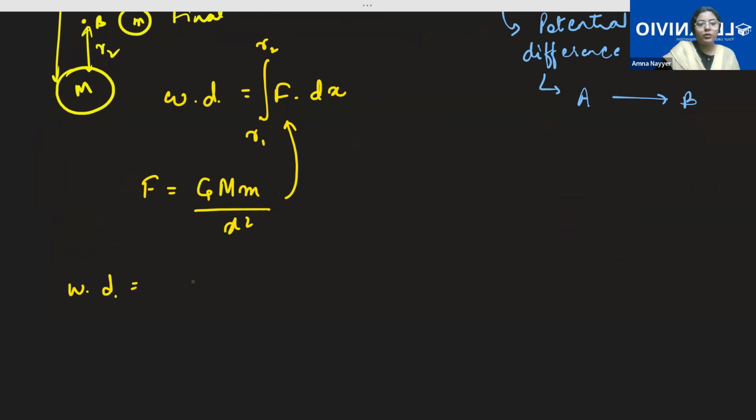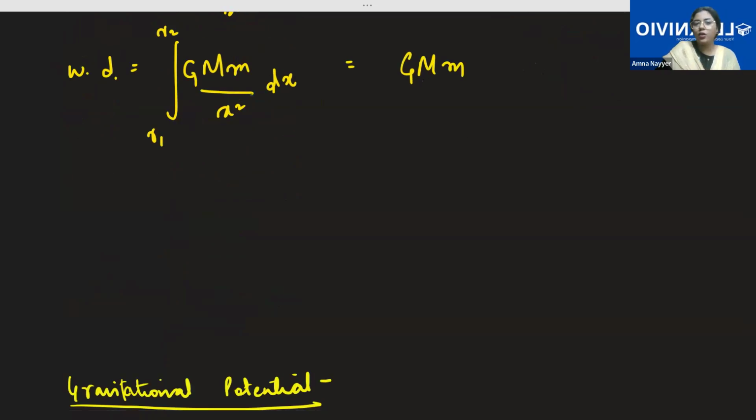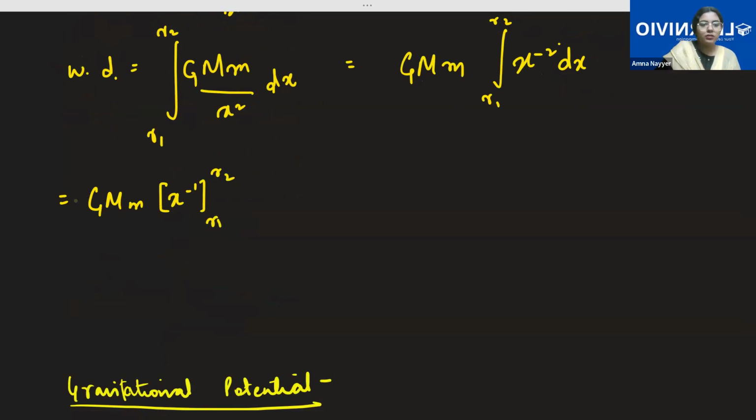So work done will be equal to GMm by x square dx, integrating from r1 to r2. Now, when you take common GMm, we already know the integral of x to the power minus 2 dx is minus 1 by x. So this becomes GMm times minus x to the power minus 1 from r1 to r2, and with this minus sign we bring this back to the denominator, that is 1 by x from r1 to r2.